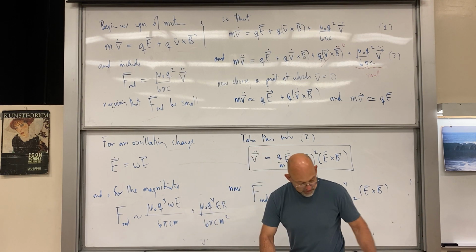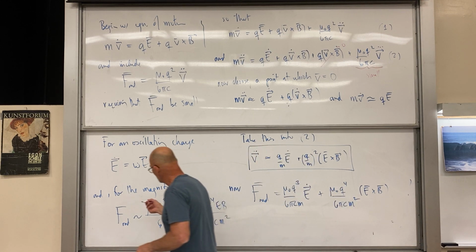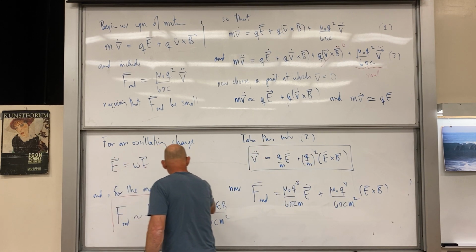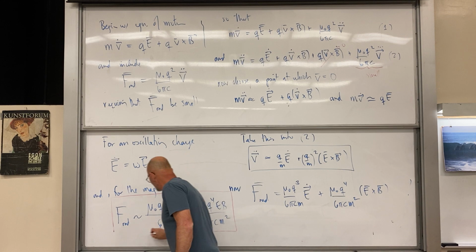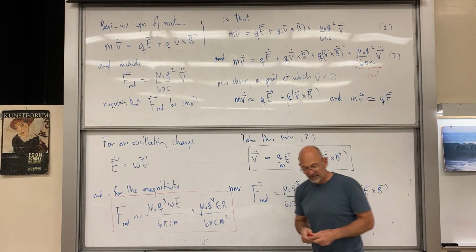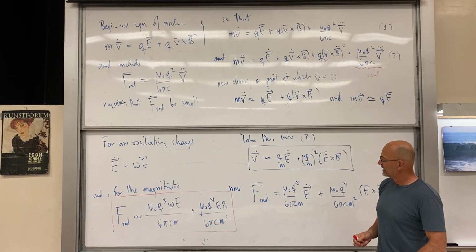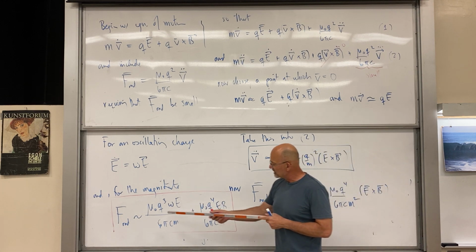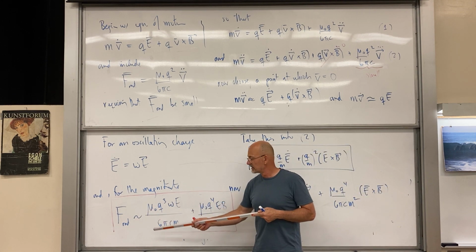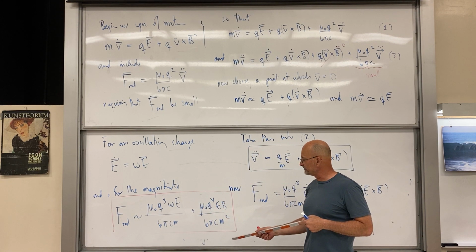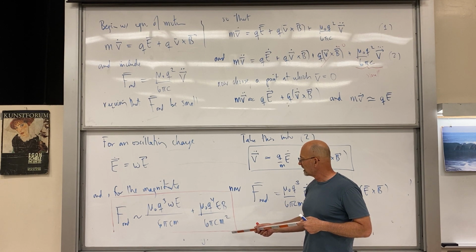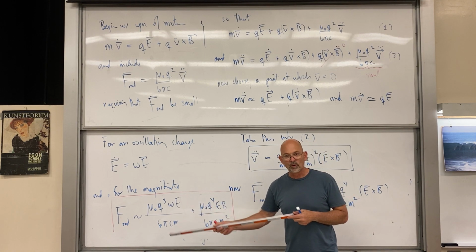So let's put a box around that. These are what we're going to work with now. So once again, the consistency is we're requiring that the radiative force actually be much smaller than, say, the driving force.